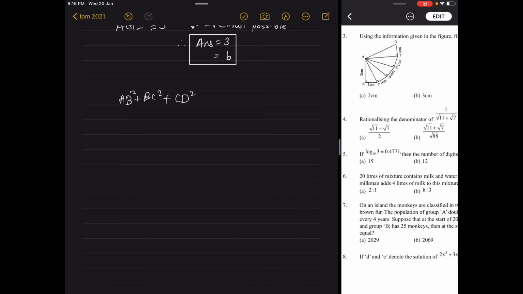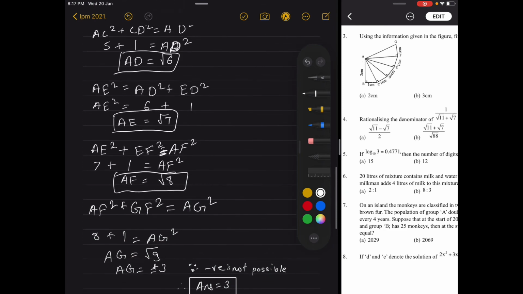And AD square plus like that kind of. So you can always do that type of trick as well, but I showed you a common approach to this question.